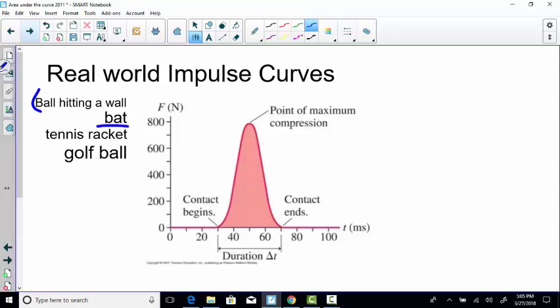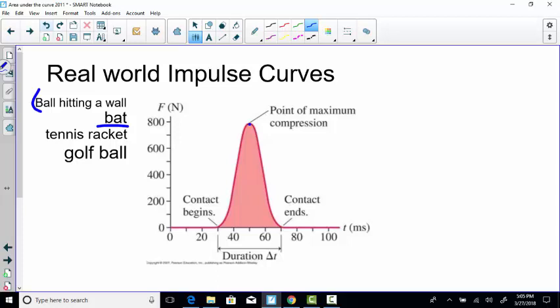And what happens in those types of situations is there is a max compression point that we get to, so that force is not constant during the whole entire motion. There's just some max force that it gets to, and then the force increases along here, and then as the ball is leaving the bat or racket or whatever, that force decreases. So we get graphs that look like this, and then we have to ask the question, well, how are we going to calculate that?